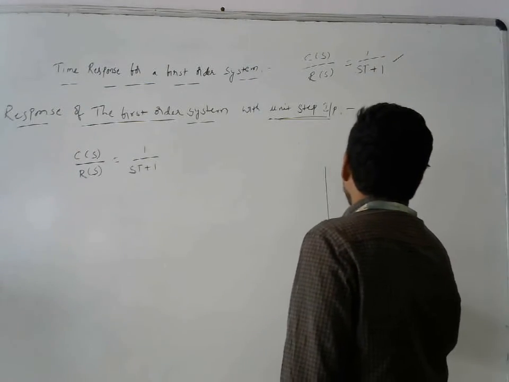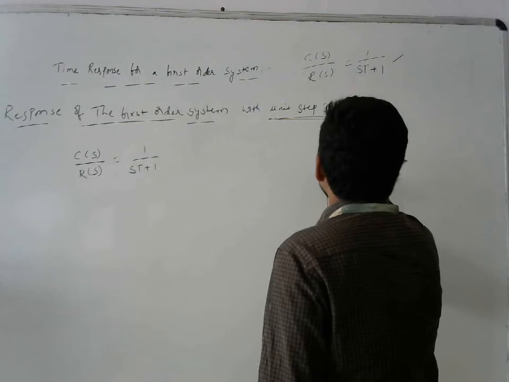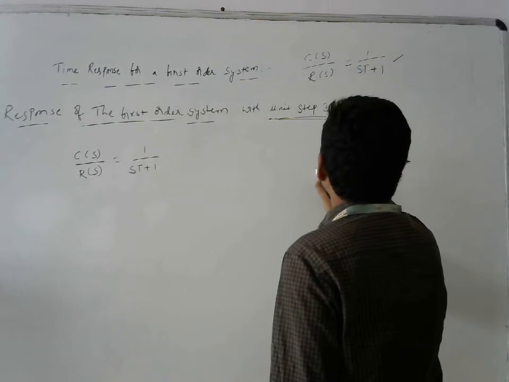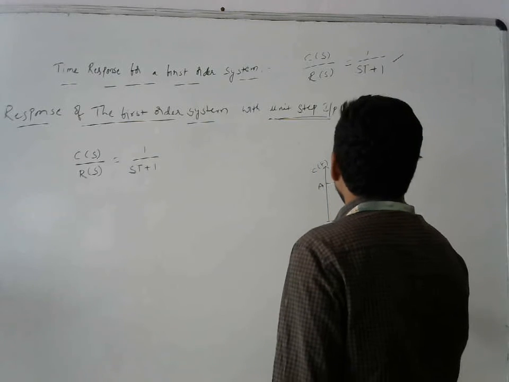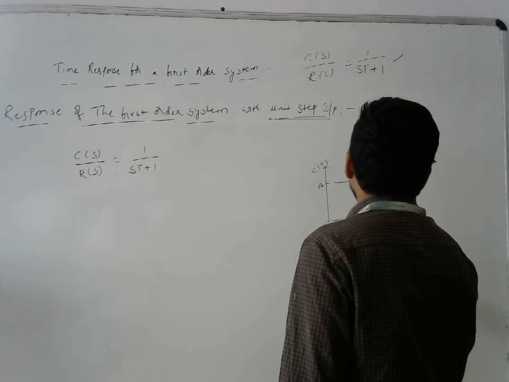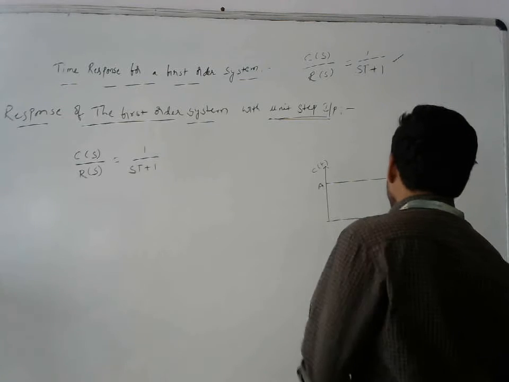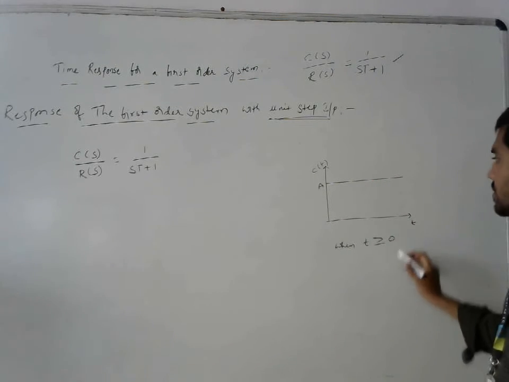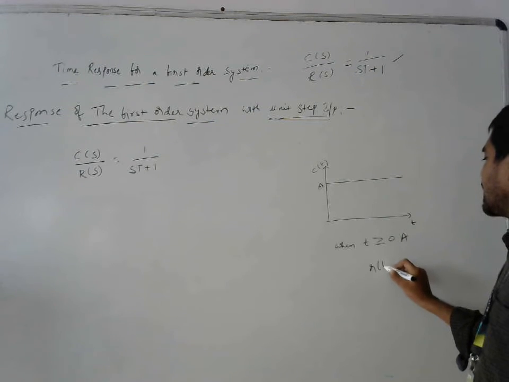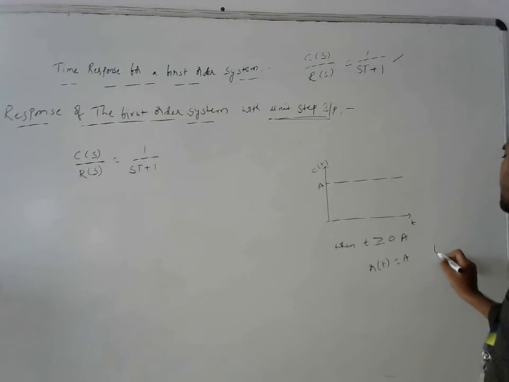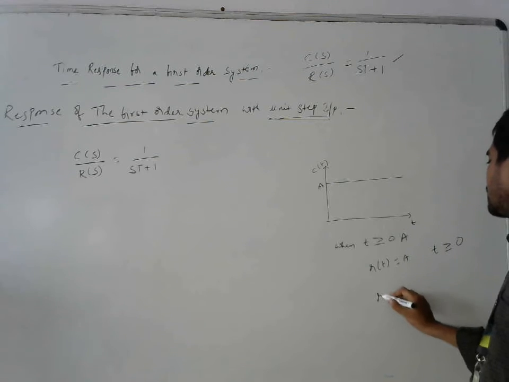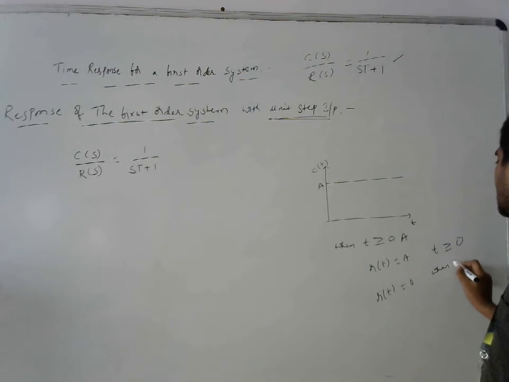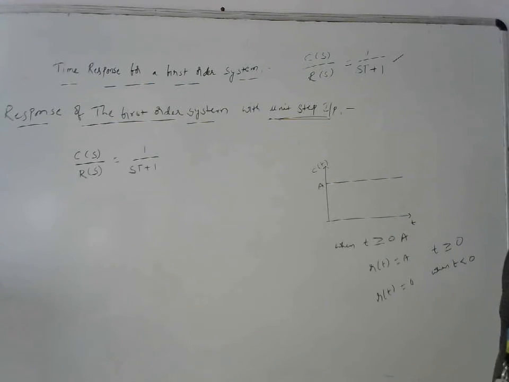We know that the step input looks like this, with T on the axis and the value A. R of T equals A when T is greater than or equal to 0, and R of T equals 0 when T is less than 0.